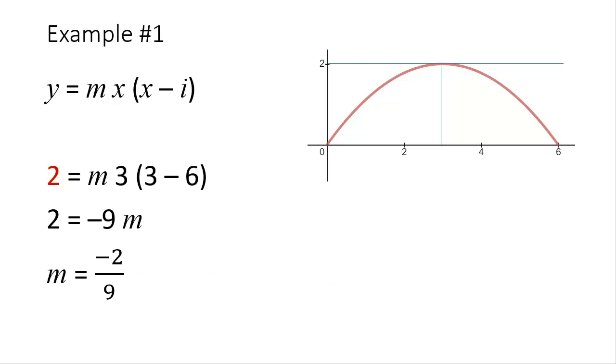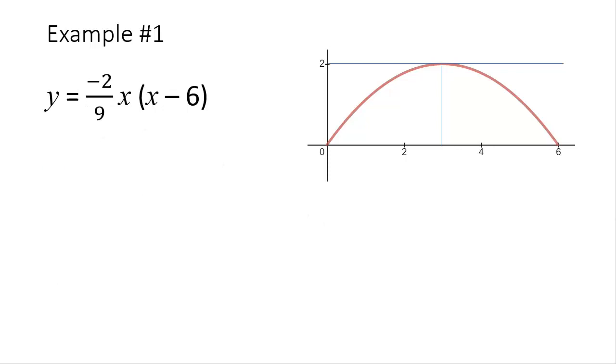So m is minus 2 over 9. The negative just means that it curves up that way rather than positive parabolas, which are more like a smiley face. So we stick minus 2 over 9 into our m value. We have our equation that describes the path of that parabola.